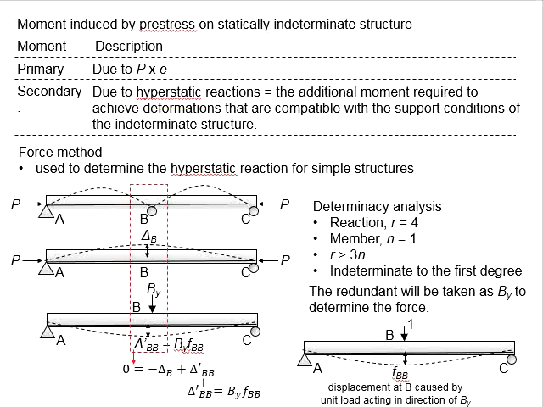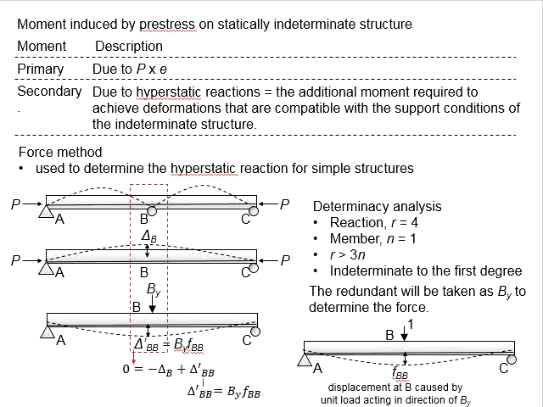However, when it comes to the continuous member, it is likely an indeterminate structure. Taking this as an example, there will be 4 reactions, 1, 2, 3, and 4, but there is only one member, which is this. If we perform the determinacy analysis, we know that R is now greater than 3n. 4 minus 3 times n, there will be an additional 1 degree of indeterminacy.